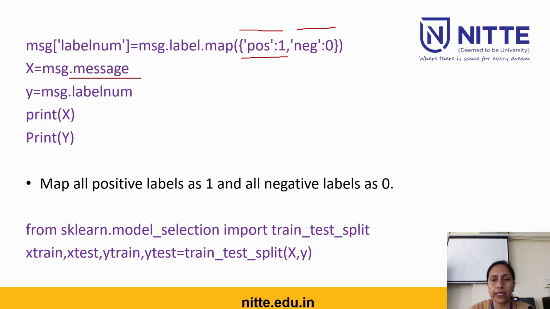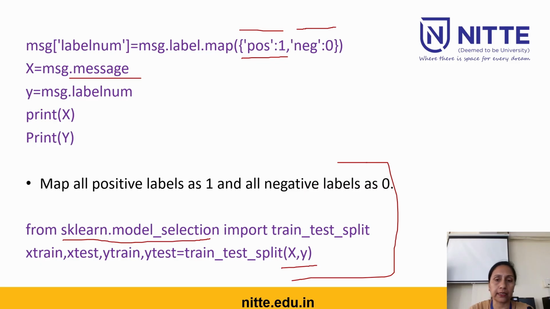The next step is splitting the data set into two parts, train and test. Using the sklearn machine learning library and the model_selection sublibrary, we use the function train_test_split to split that 18-row data set into training and testing. We pass X and y here.